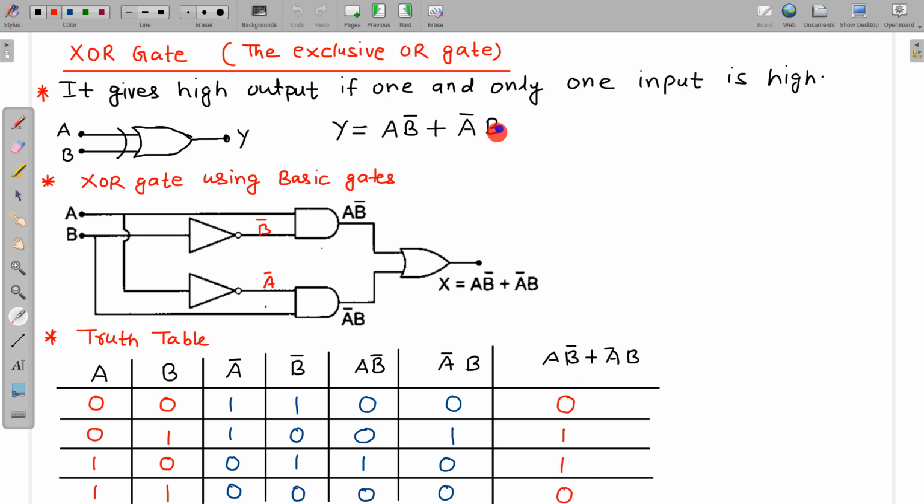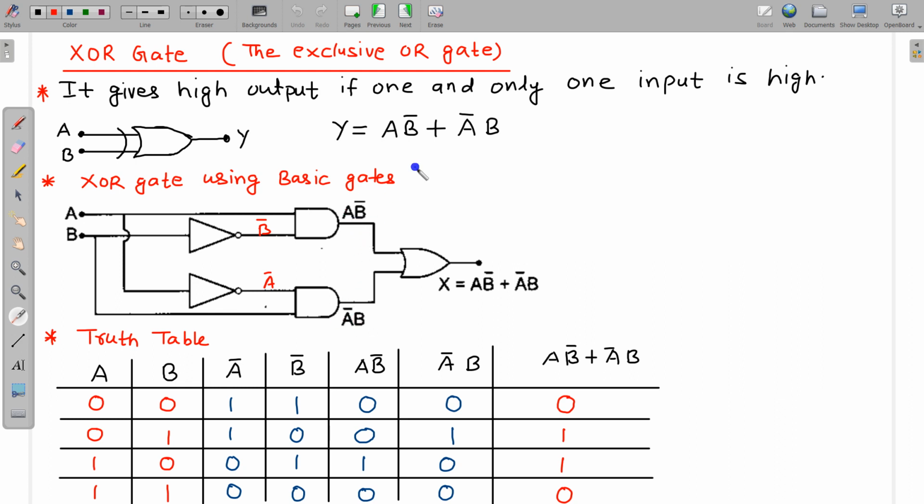Now let us make A bar B. First A is fed into this NOT gate, it will give A bar, and now B is fed in, so A bar and B are now fed into this AND gate, so it will give A bar B.